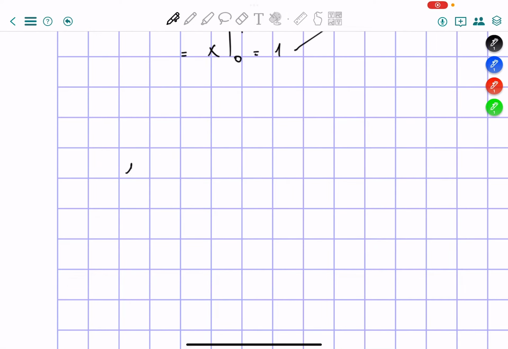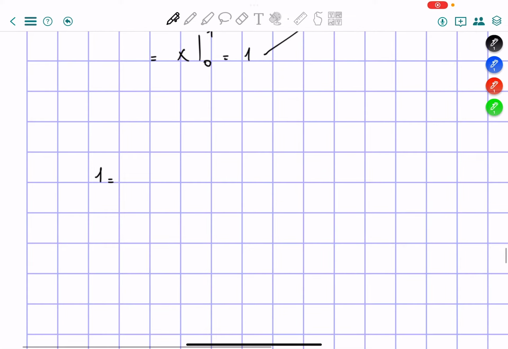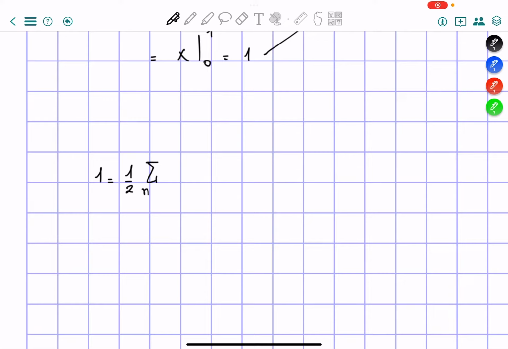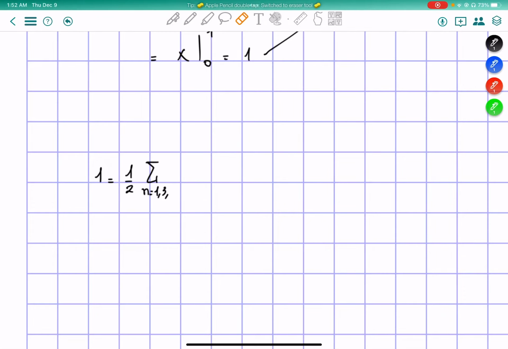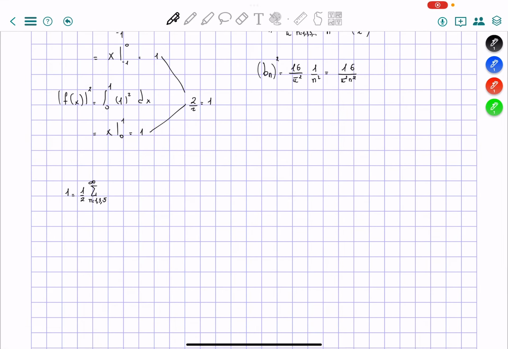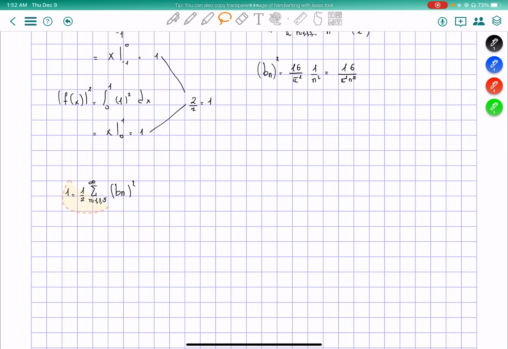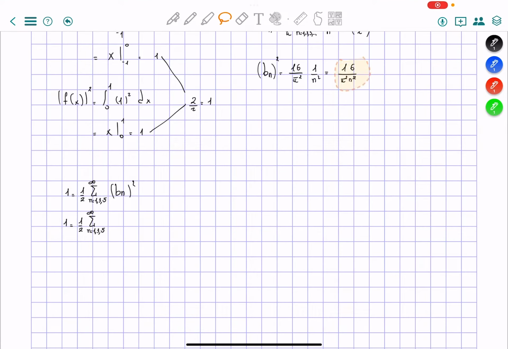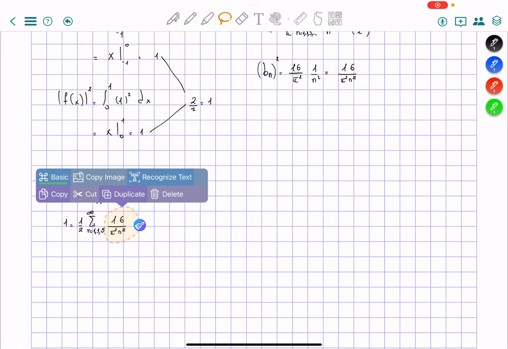So now we have 1 is equal to, actually, sorry, 1/2 the summation from n equals 1, 3, 5 to infinity of b n squared. Like this, so it's easier if we do that. See? b n squared is equal to this value over here, I have it pasted over here.